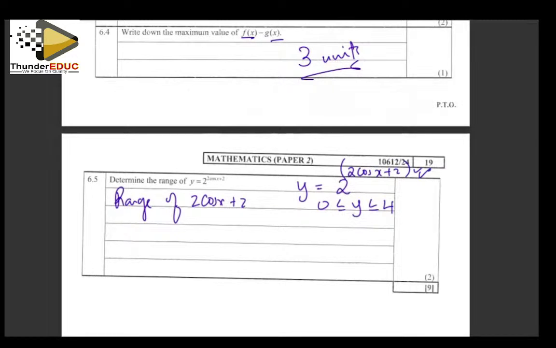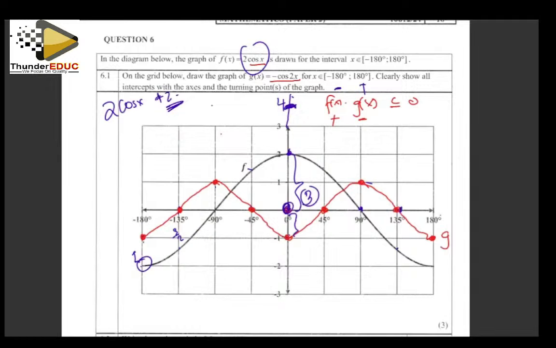But then if we have now the exponent involved, the range is going to be the same as 2 to the 0. Is that 2 to the 0 or 2 to the 1? Let's go back. We're talking of f.